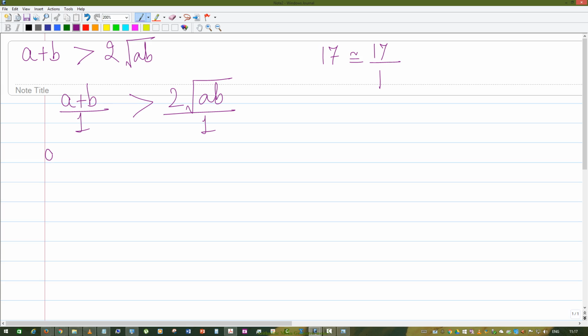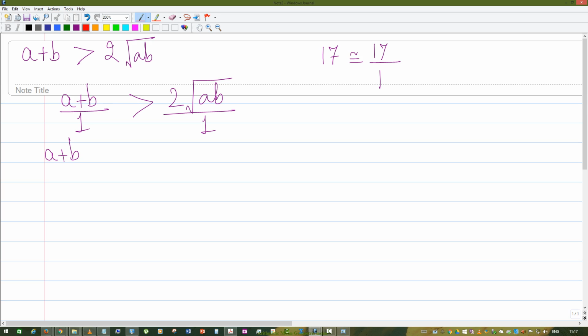So this is a plus b, we just cross multiplied 2 here and 2 here. That 2 was multiplied to this, and a plus b was multiplied by 1.